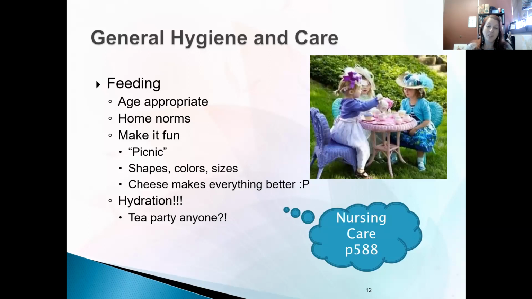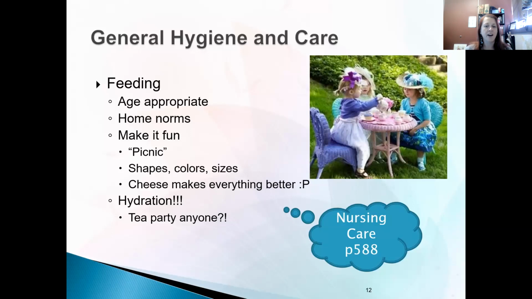You also may not have the parents there to order things for kids. So you may be the nurse that's taking care of this kid and has to order food for this toddler that's in your care. I remember the first couple times that I had to do that and just had no idea. I was like, what do you eat? I've got a 2-year-old looking at me like, I don't know what I eat. You have to order nutritious things, but a variety of different choices is helpful.